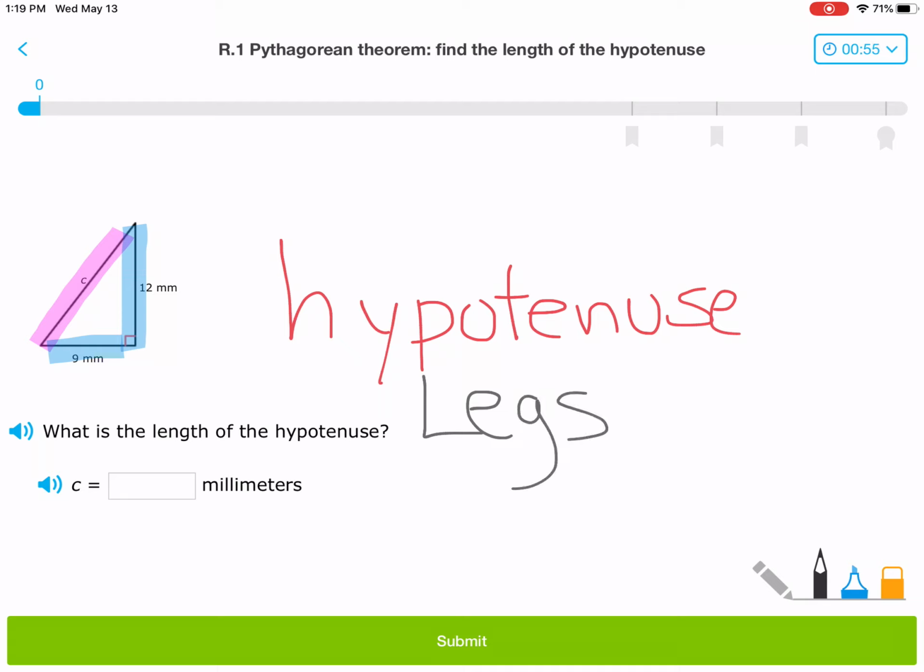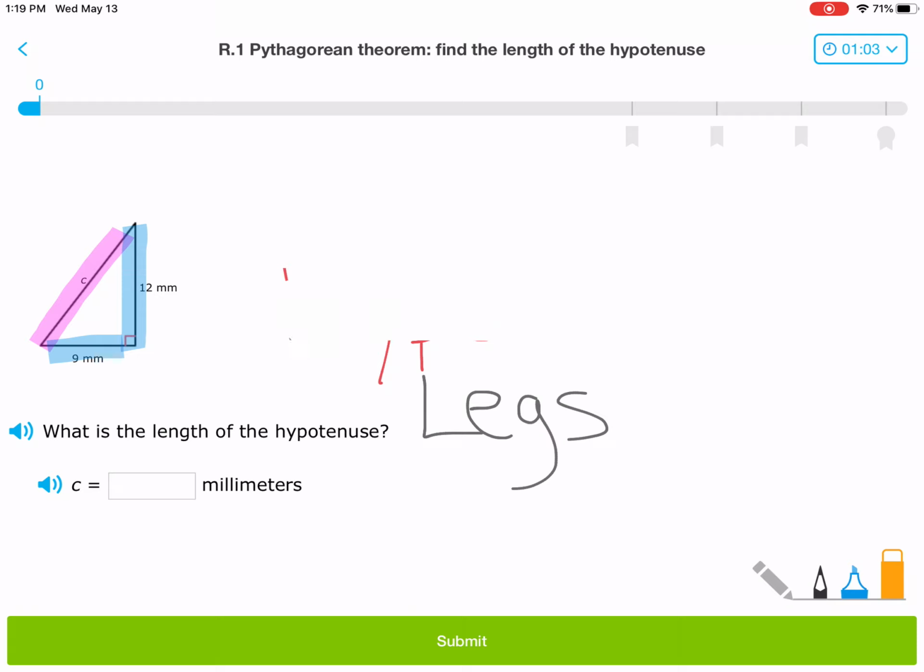Okay? And when we solve for a missing side on this triangle, we're going to use something that's called the Pythagorean Theorem. Okay?